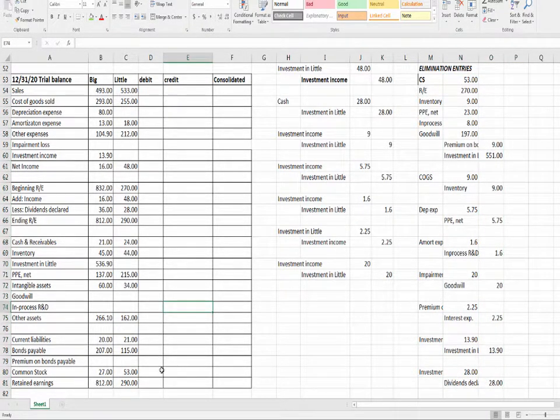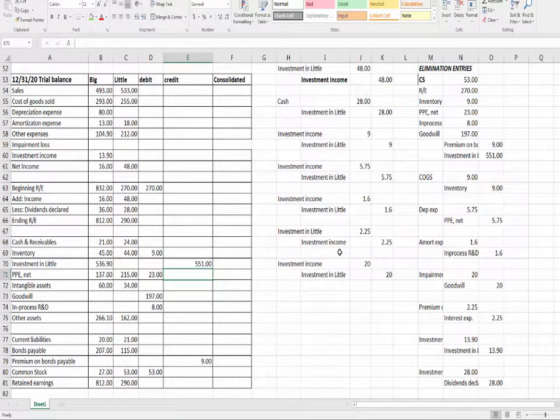So one by one, debiting common stock, debiting beginning retained earnings, debiting inventory plus that, debiting property, plant, equipment net plus that, in-process R&D plus that, goodwill plus that. On the credit side, premium on bonds plus that. Investment in Little plus that.